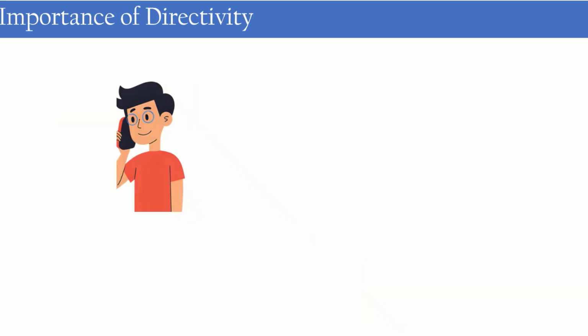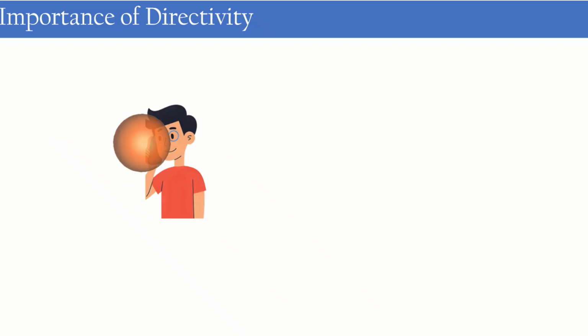This will hold for our antenna cases also. Let's assume that this boy is using a mobile phone, and this mobile phone has an antenna which is an isotropic radiator. Here you can see that the radiation is happening equally in all directions. But we know that we don't require any radiation to our brain. It will definitely damage, but we have to have the radiation in these directions.